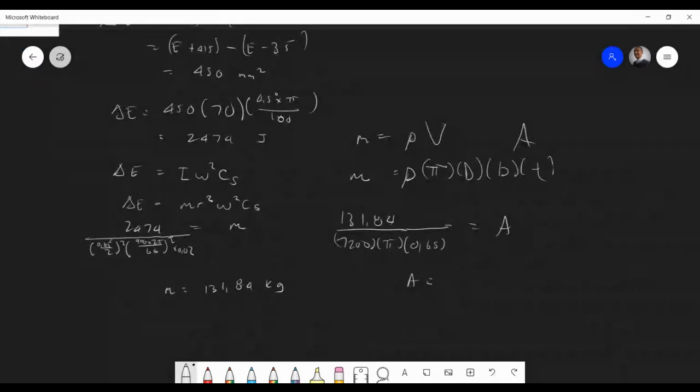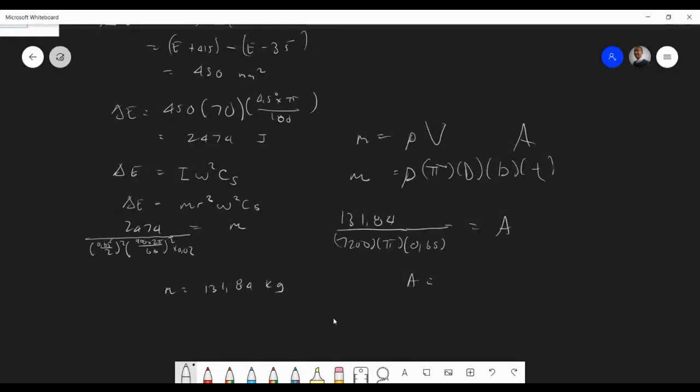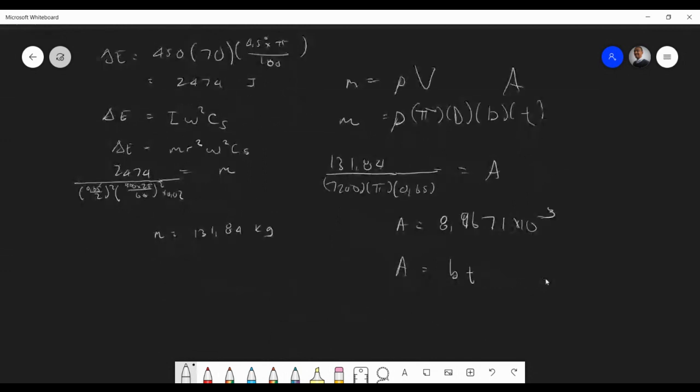Okay. So I'm just organizing that area. What area do you get? I think you should get 8,976.1 times 10 to the power negative 3. And remember, area is B times T, which is the breadth and thickness of your rim.